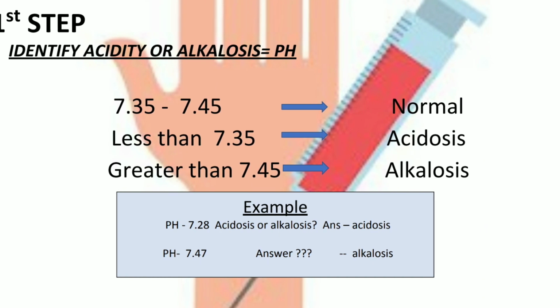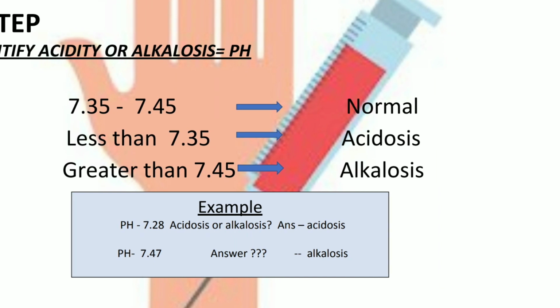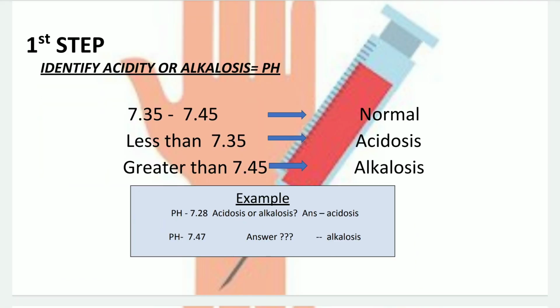Now let's talk about the first step, identify acidosis or alkalosis by seeing the pH. Again, our normal pH is 7.35 to 7.45. If your pH is less than 7.35, you have acidosis. More than 7.45, you have alkalosis.